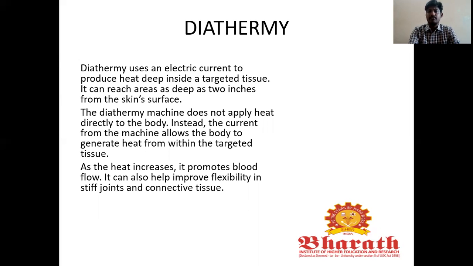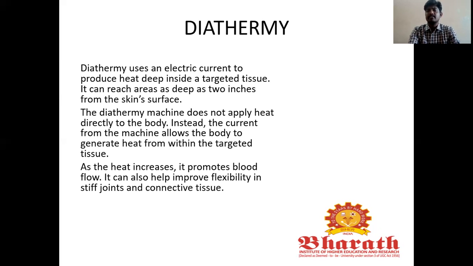Instead, the current from the machine allows the body to generate heat from within the targeted tissue. As the heat increases, it promotes blood flow. It can help to improve flexibility in stiff joints and connective tissue. So that is the very important thing.